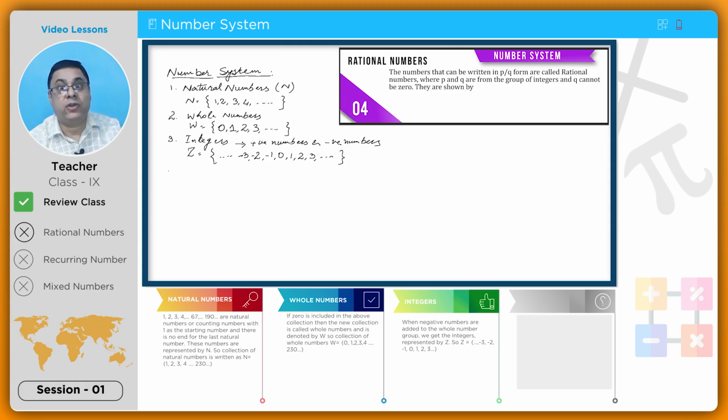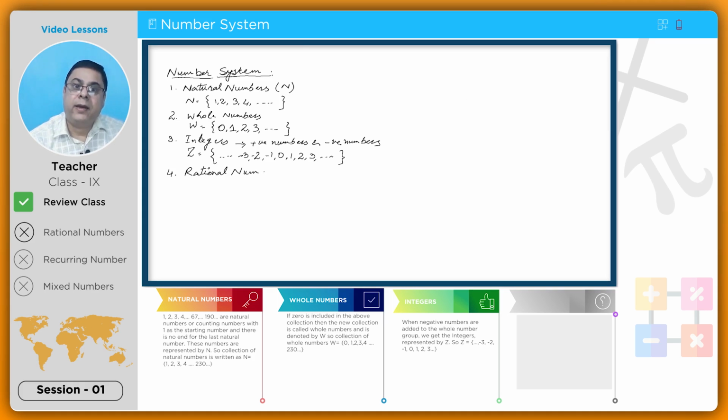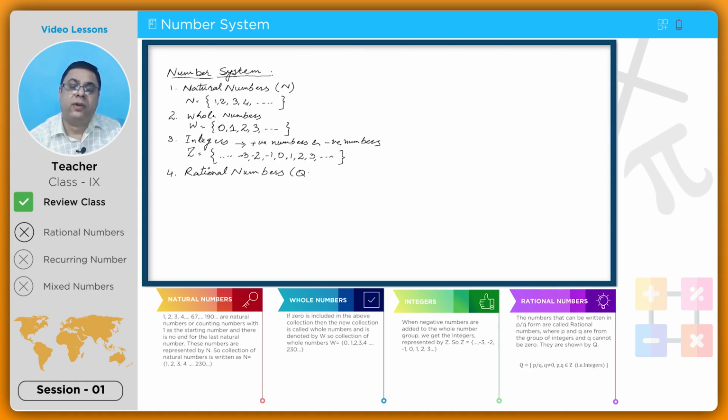Now comes rational numbers. A rational number has a mathematical definition, to be precise. Rational numbers are represented by capital Q, and capital Q is a collection of numbers that can be represented in p upon q form, where p is the numerator part and q is the denominator part, with the condition that q, the denominator part, cannot be 0.